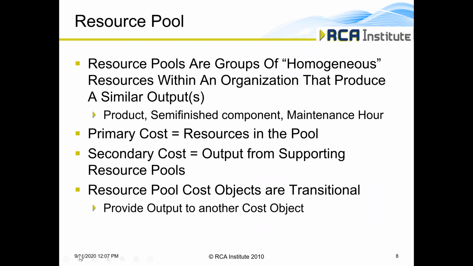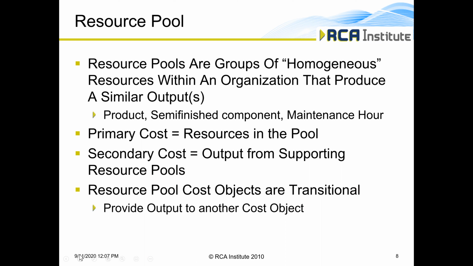So the first is a resource pool. A resource pool is a group of homogeneous resources within an organization that produce a similar output. That can be a product, a semi-finished component, or something as basic as a maintenance hour. The term primary cost refers to the cost of the resources that are operating within that pool.